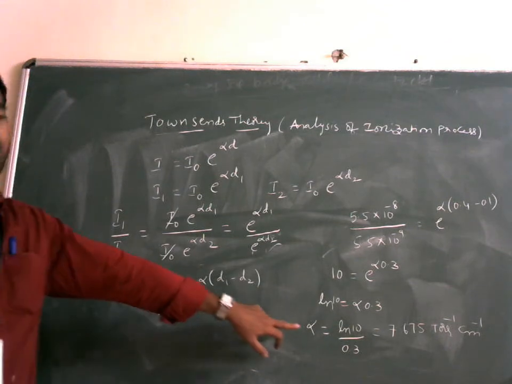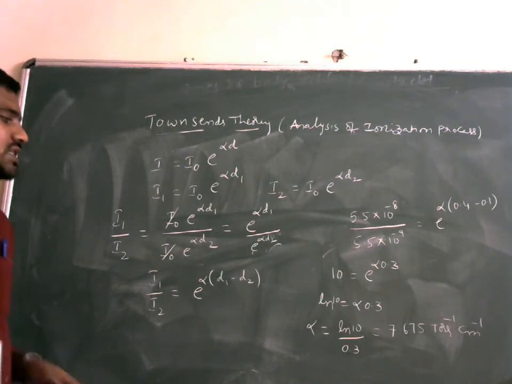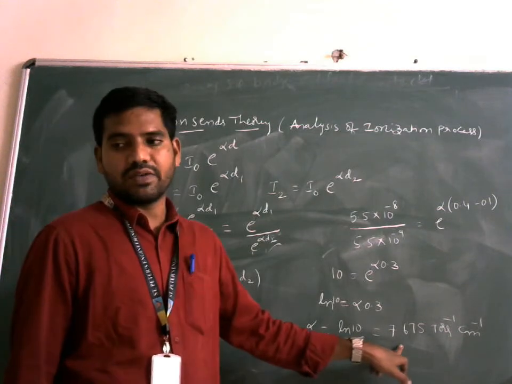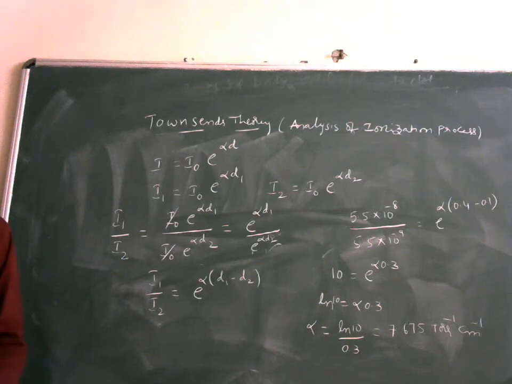Alpha we call Townsend's primary ionization coefficient. Finally we get 7.675 torr inverse into centimeter inverse.